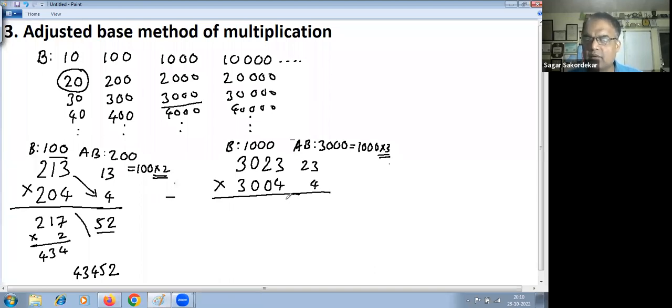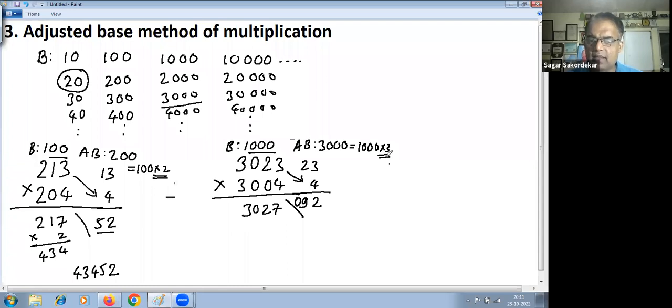Just see, per part concentrate. So multiply this, 4 3s are 12. So 2 carry 1, 4 2s are 8 plus 1, 9, 92. 3 zeros. Very important, you should have 0 here because you want 3 digits on the right hand side. Cross addition 23 plus 4 is 27, 3027.